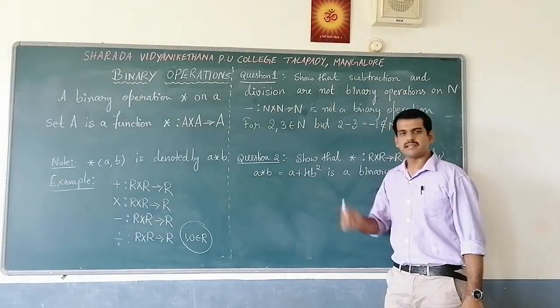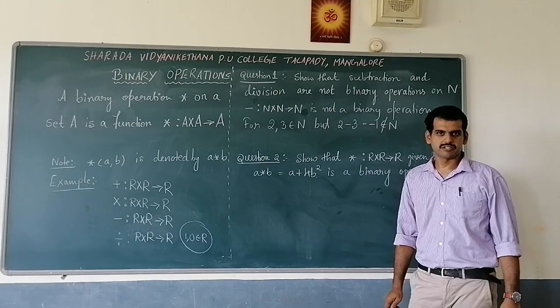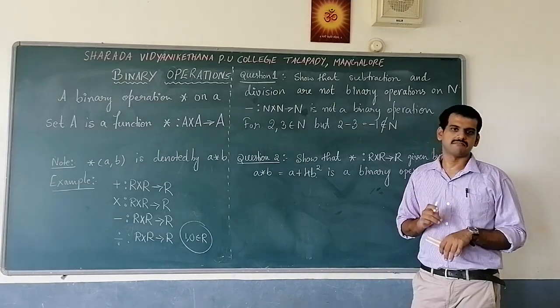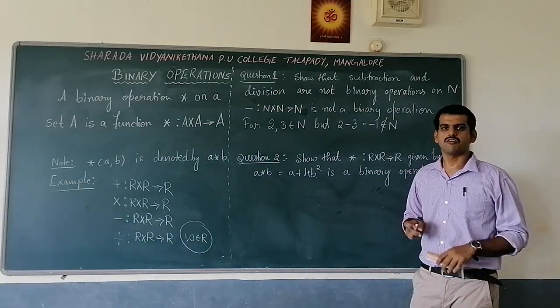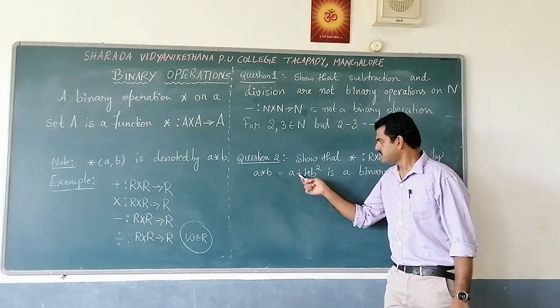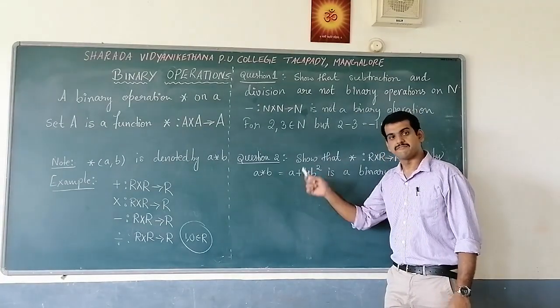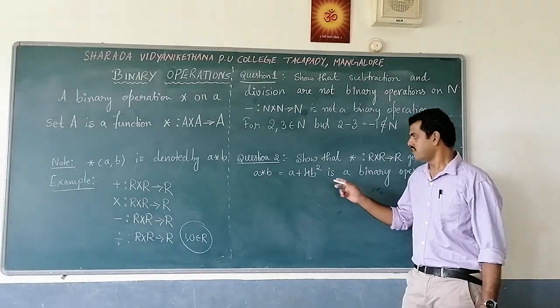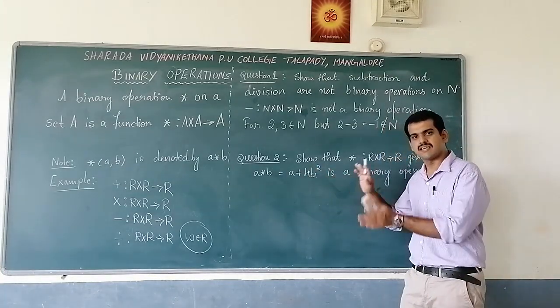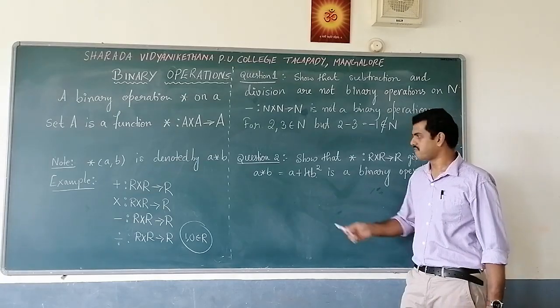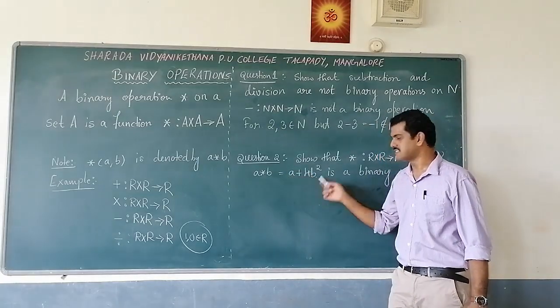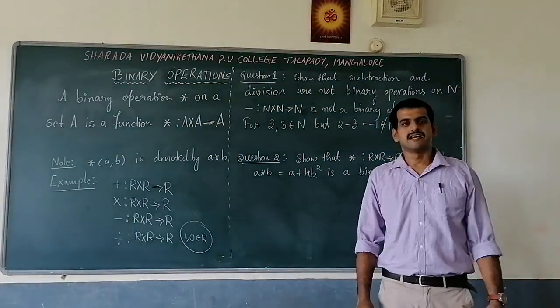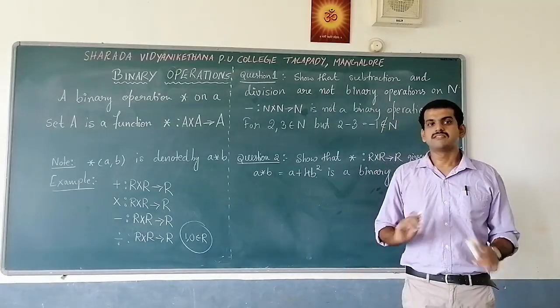To that, add a. Then what you are going to get is definitely again a real number. So on the whole, a plus 4b square is definitely a real number. It is not going to be some other number. Therefore, this belongs to the same system of numbers. Therefore, a star b given by this is definitely a real number. So how to write the answer?